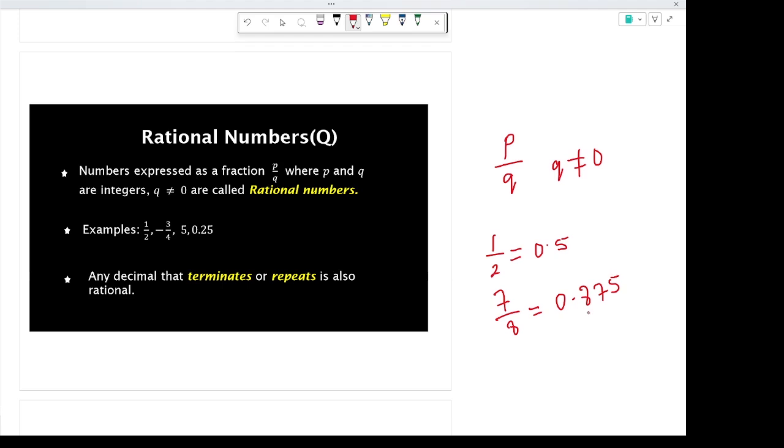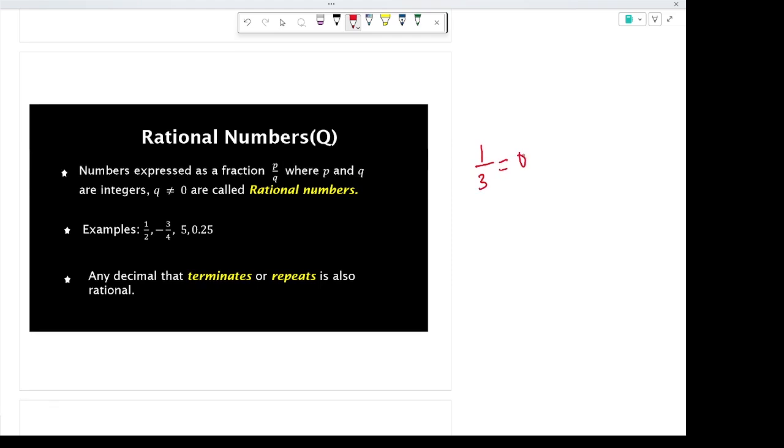What about a repeating decimal? For a repeating decimal, the decimal has a recurring digit. That is, the decimal repeats indefinitely. So if, for example, we have 1 divided by 3, which we know is 0.3333, it goes on indefinitely.